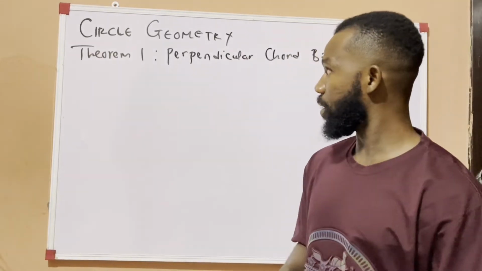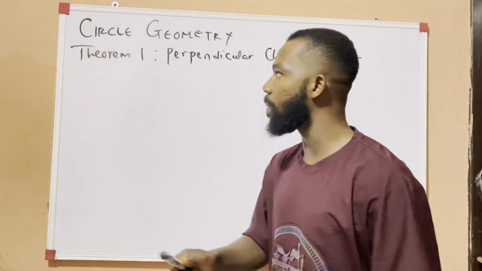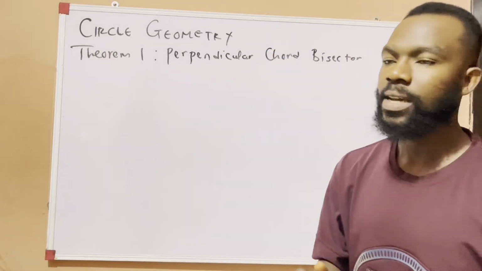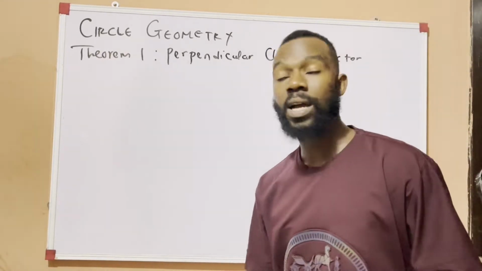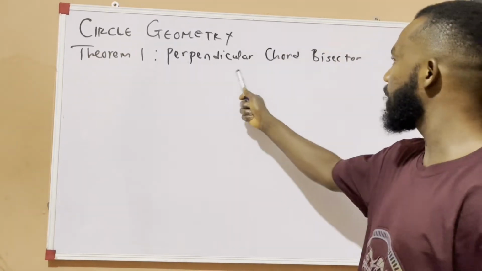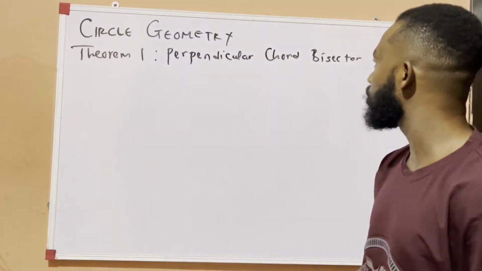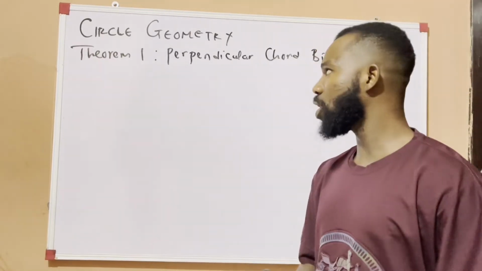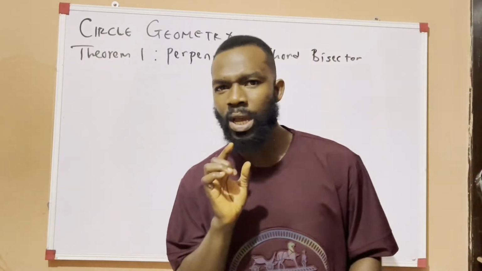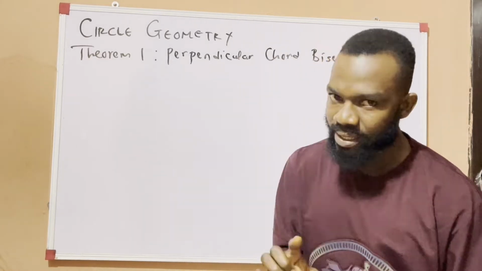For example, the video today talks about theorem 1, which has to do with the perpendicular chord bisector. And not just discussing the theorem, but we are also going to be solving examples.